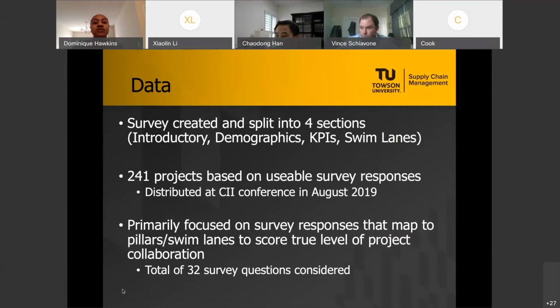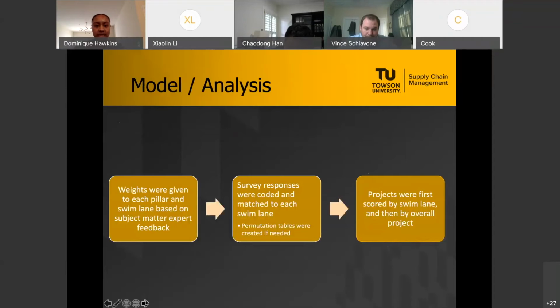And we got a total of 241 usable survey responses. And then just to give a little more insight, for the purposes of this model, we focused on 32 of the survey questions, they in particular map back to the pillars and swim lanes that we've created. Next slide, please.